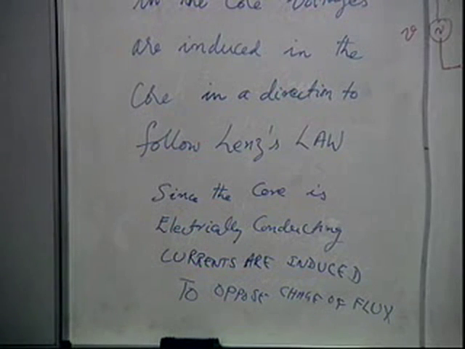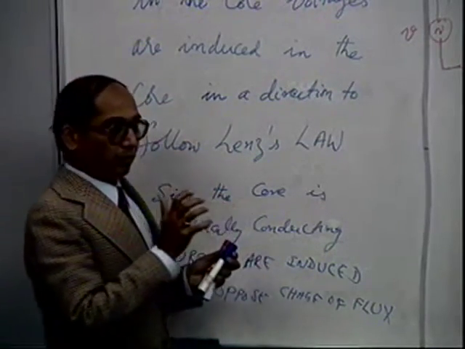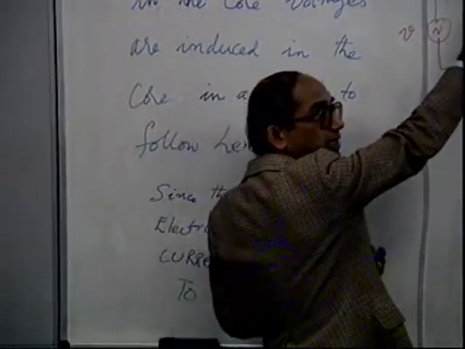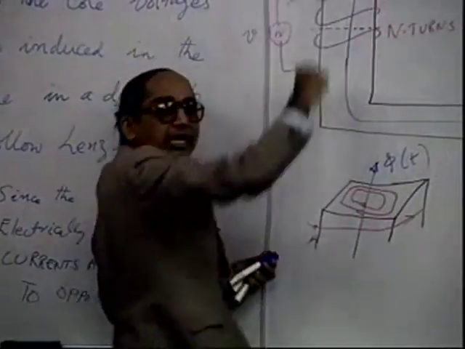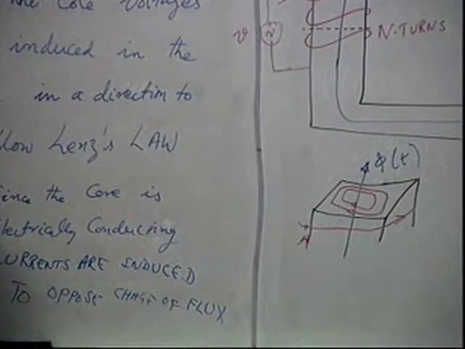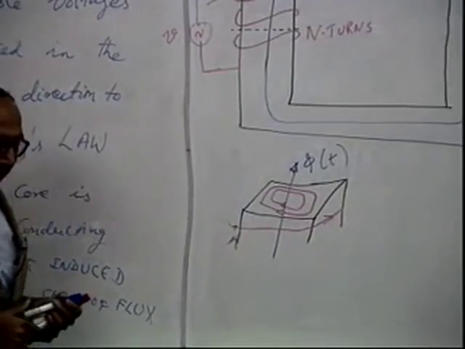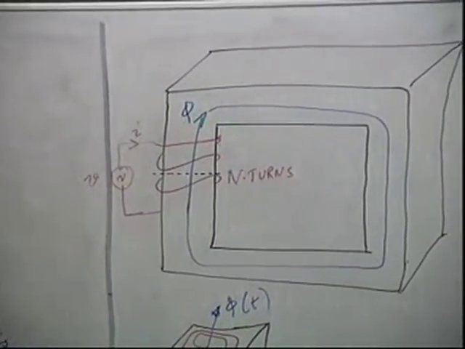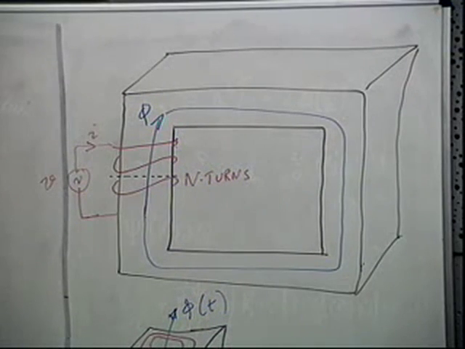Okay? They oppose change of flux. It's very simple. Therefore, while your injected currents are like this, induced currents will be the other way around. Now these currents are called eddy currents.